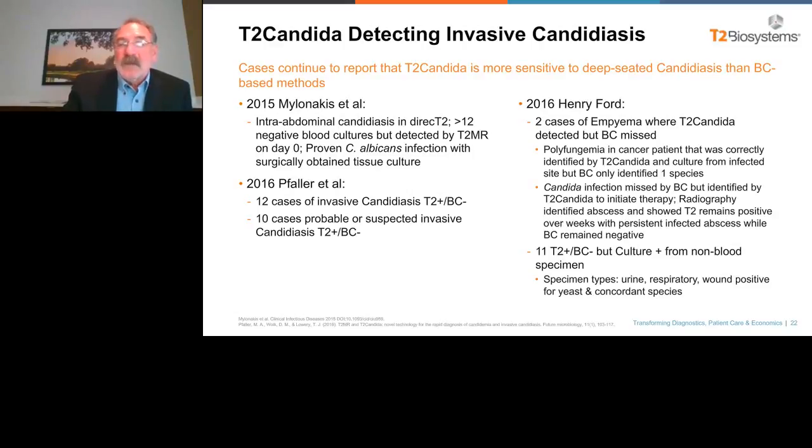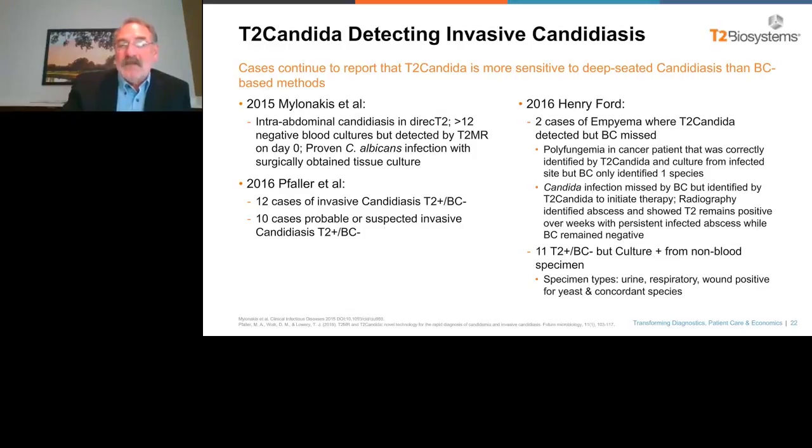Another patient where Candida infection was missed by blood culture but identified by T2Candida, causing therapy to be initiated, and radiography identified abscesses and showed T2 remained positive over weeks with persistent infected abscesses, while blood culture was negative in that patient, obviously correlating to the need to control the source of the infection.